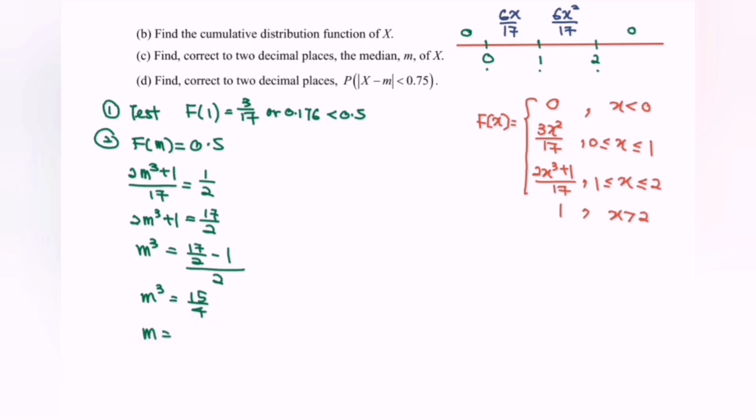So m will be equal to the cube root of 15 over 4, which is 1.5536. Correct to two decimal places, the value of m will be equal to 1.55.